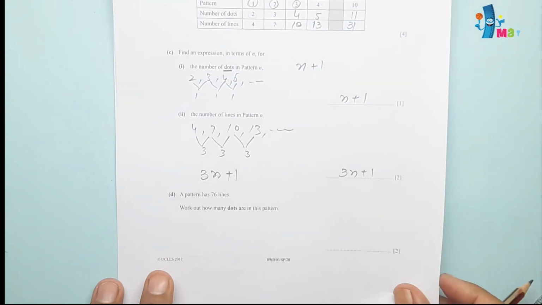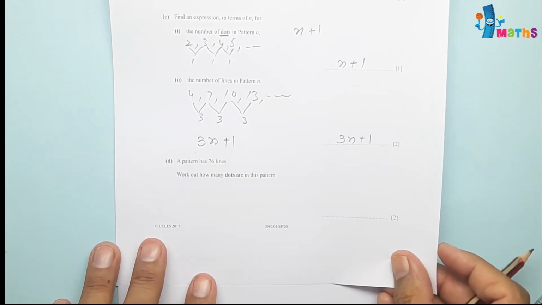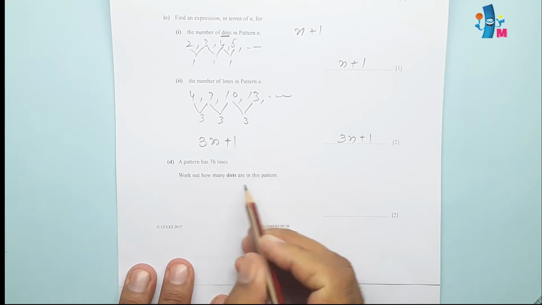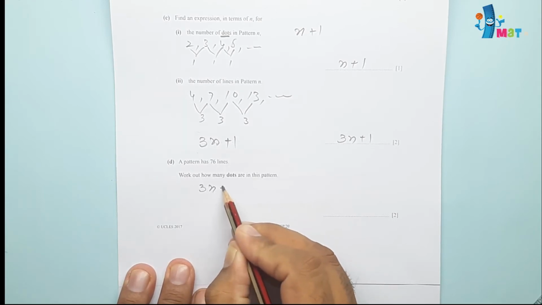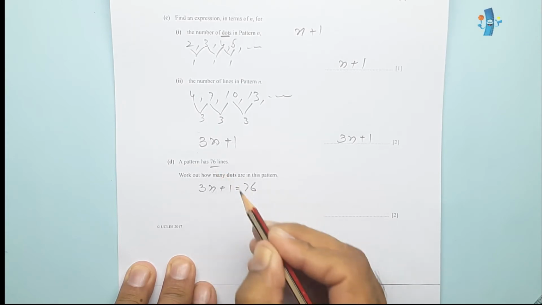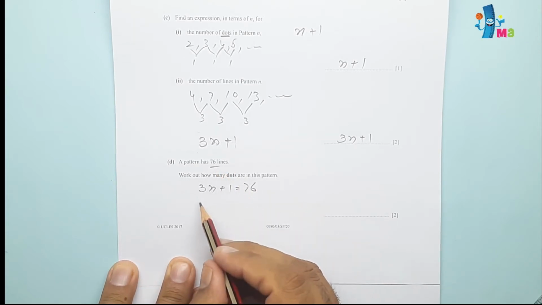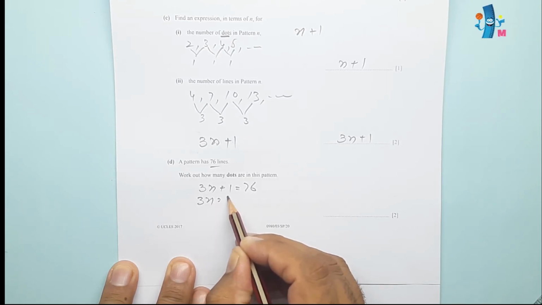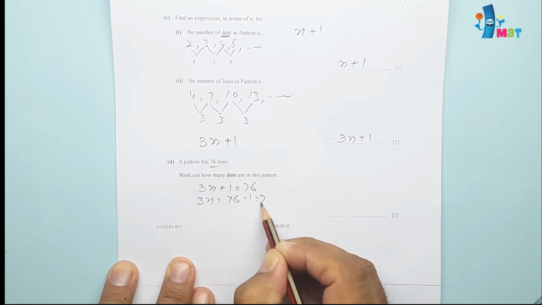D part, a pattern has 76 lines. Work out how many dots are in this pattern. We know that 3n plus 1 is equal to 76, which they have given. Now we can simplify this. 3n is equal to 76 minus 1, which is equal to 75.